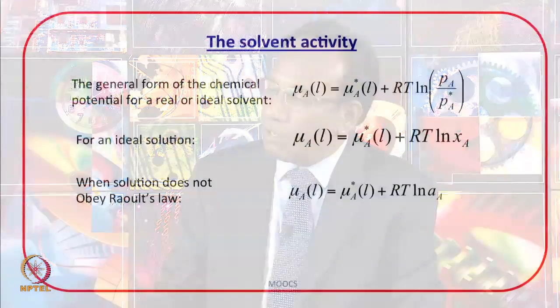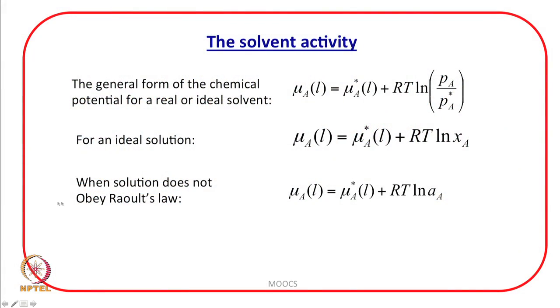And we also remember that we usually retain these types of equations which we derive for the ideal system and change one of the parameters, so that now it reflects the equation for a non-ideal solution, and that is what we will do here, when the solution does not obey Raoult's law.